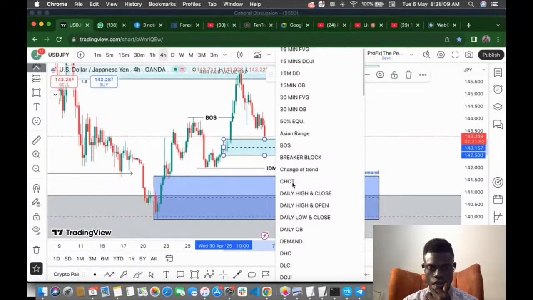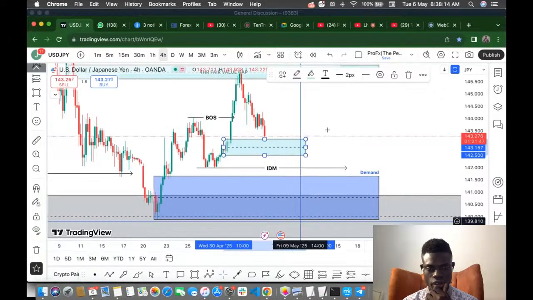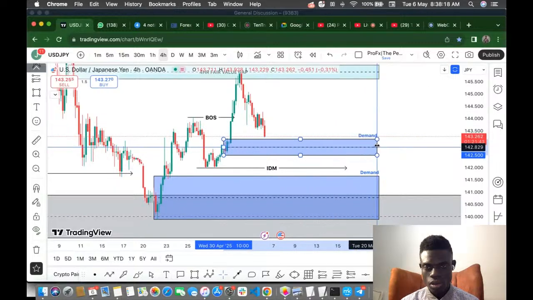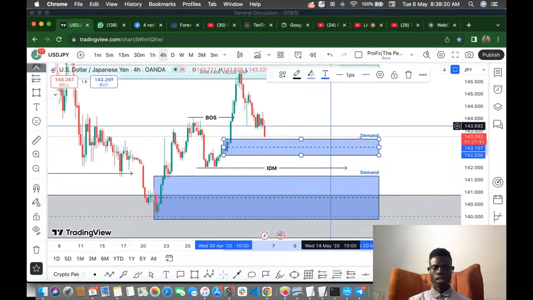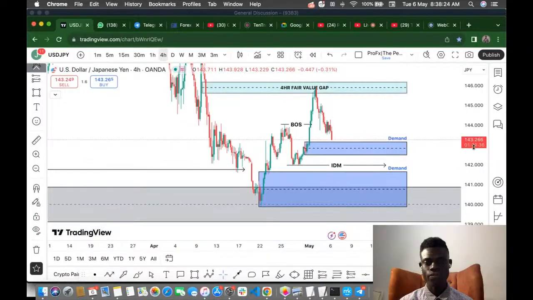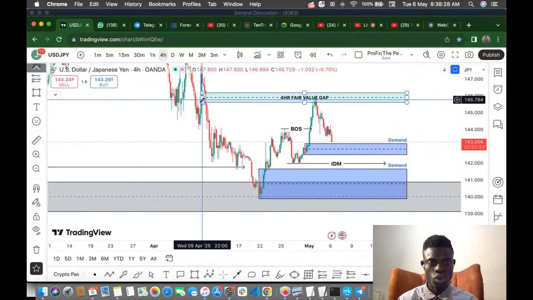Our first demand for alignment is there. Until you see a change of character, they are still there. All right, I think that's clear. So I would rather wait for the New York session. If I want to trade UJ, I'll wait for the New York session.